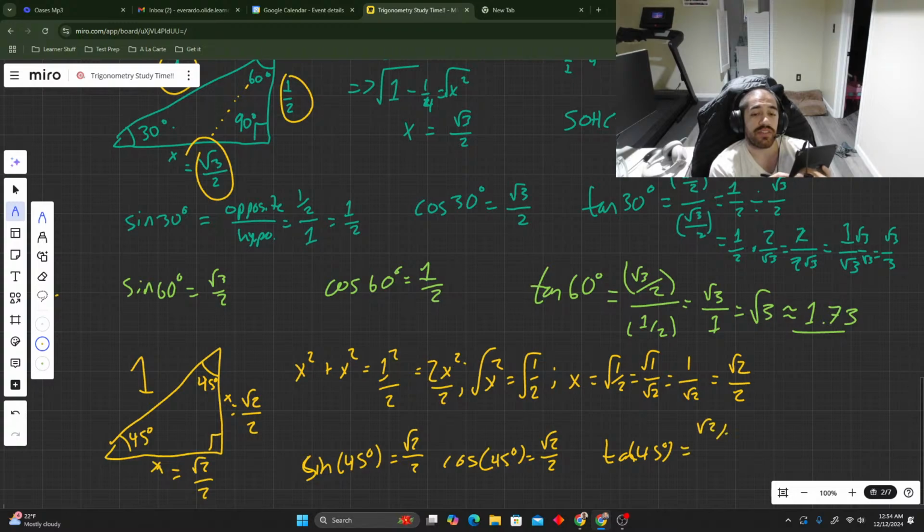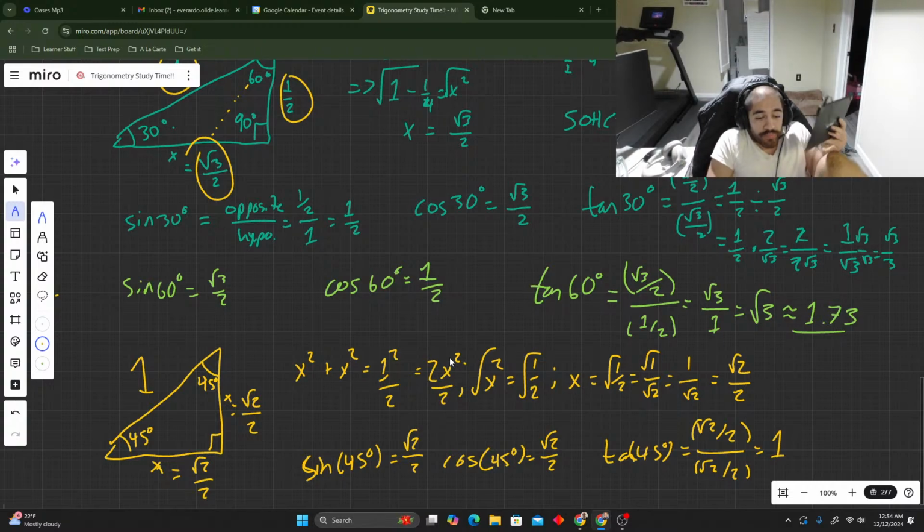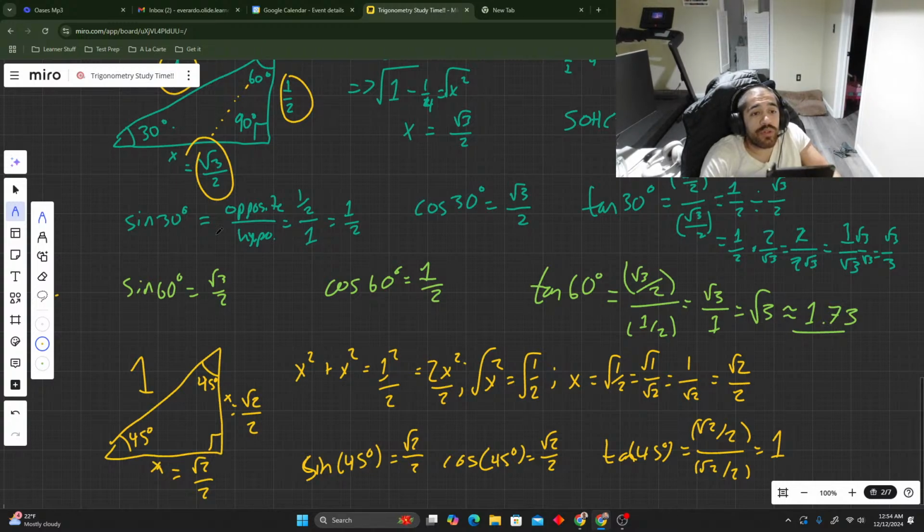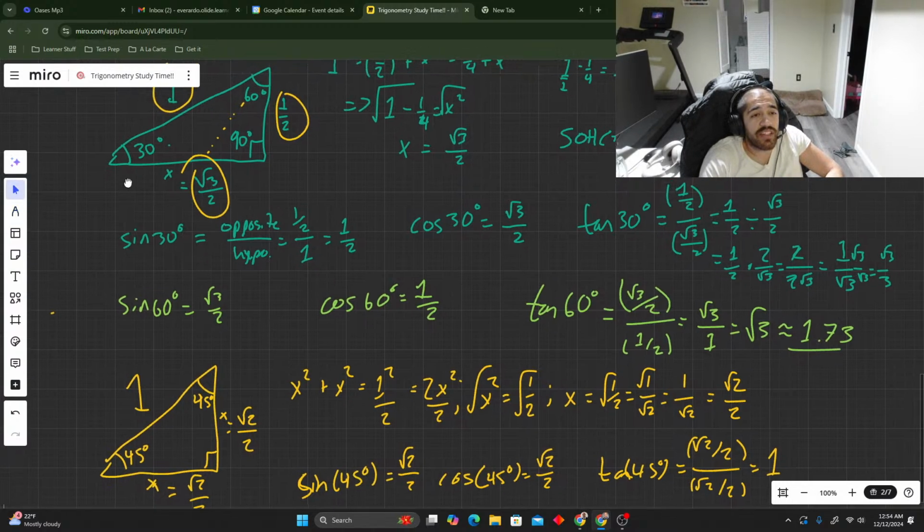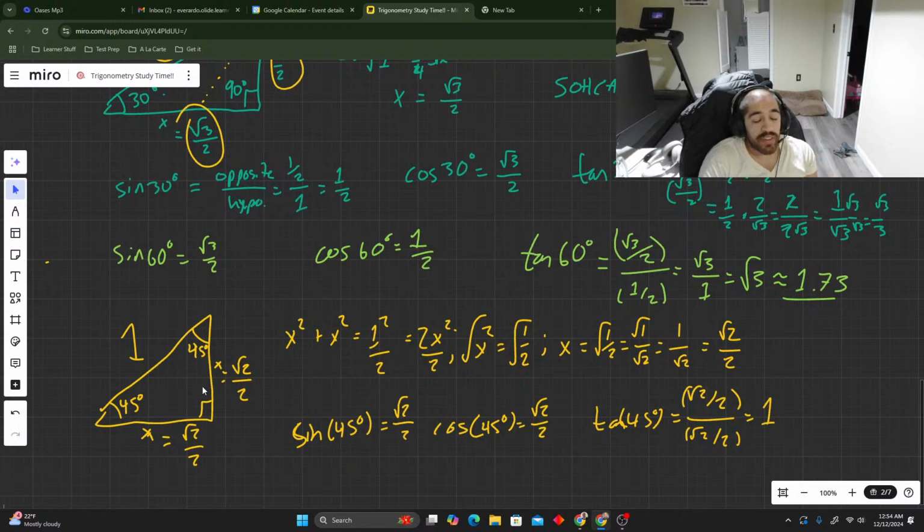I leave this as an exercise for the reader. Do this process again, you'll see that it's just equal to 1. Okay? Yeah, and so that's how you do the 30, 60, 90 triangle and the 45, 45, 90 triangle.